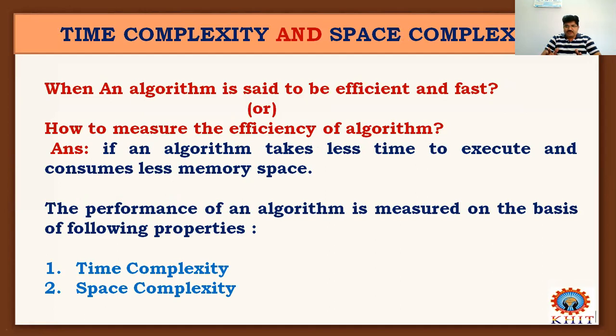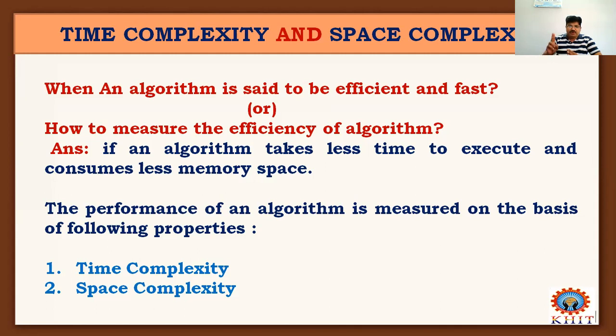Another way of asking the question is how to measure the efficiency of an algorithm. The answer is, if you want to measure the efficiency of an algorithm, it is possible by using two factors. The first one is time complexity and the second one is space complexity.